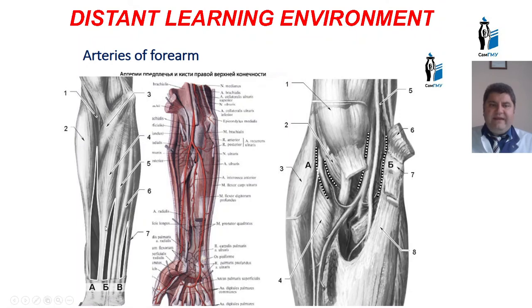And now we can see the branches of the ulnar artery and radial artery. Also we can see the grooves in the antebrachium or forearm between muscles. For example, you may see the groove between the brachioradial muscle and the flexor carpi radialis muscle in letter A. This groove is very important for understanding the place of pulsation and where to check the human pulse.